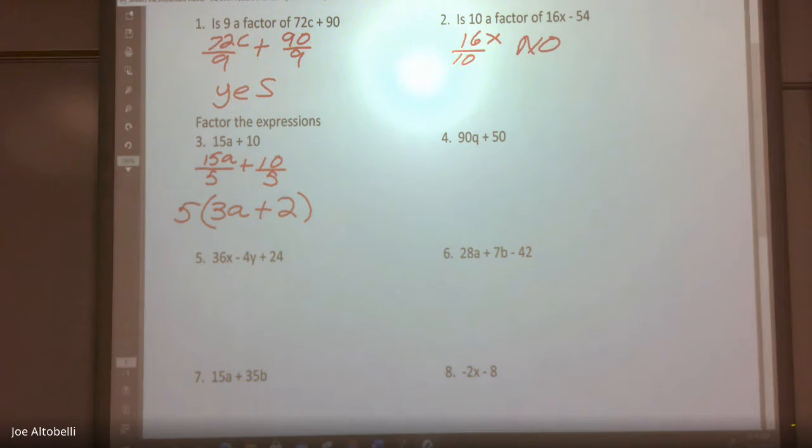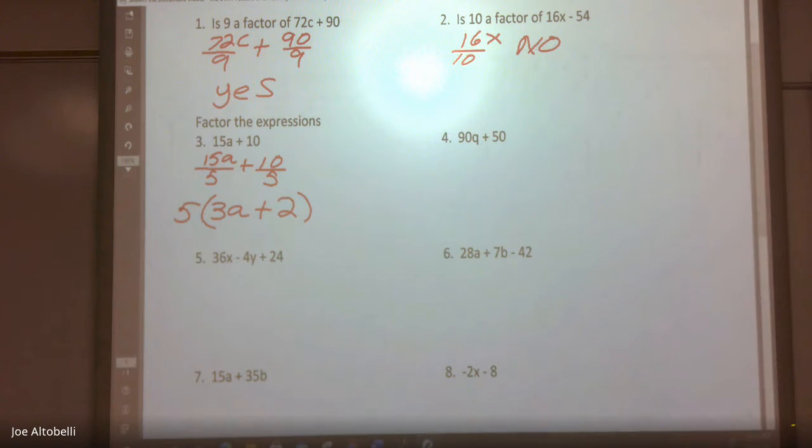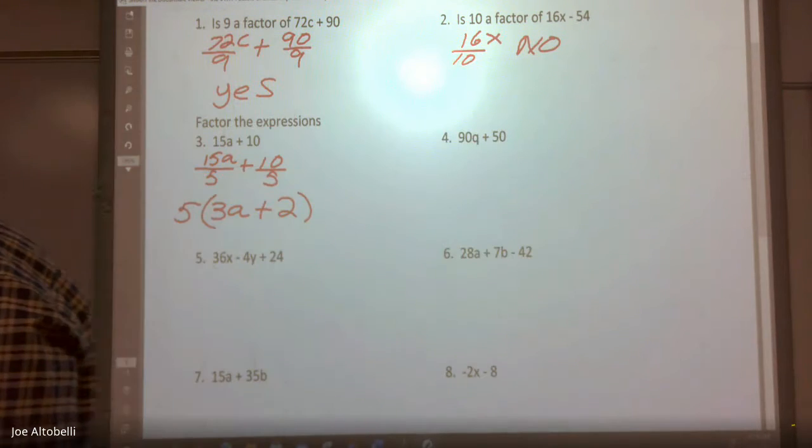Hopefully. All right, so number 4, you have to find the biggest number that goes into both 90 and 50. Who thinks they know? 10. So go ahead, factor 10.